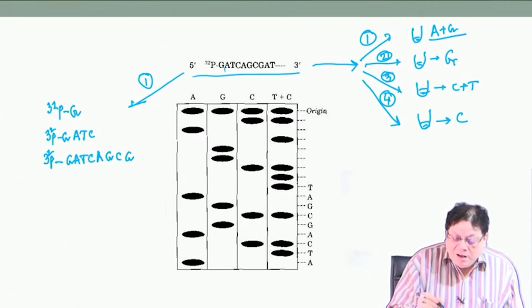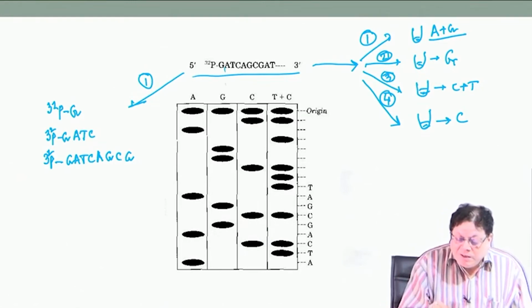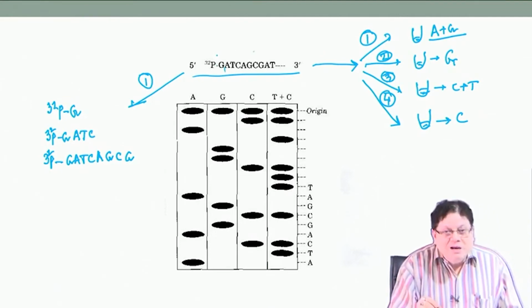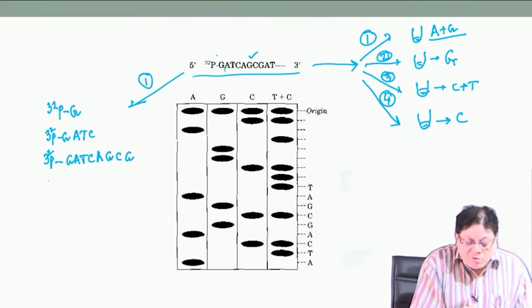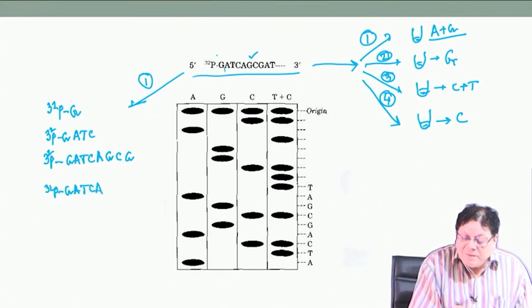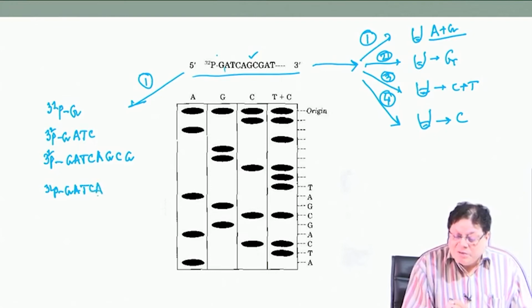Now we have to see what are the cleavage products of G. So if the G is cleaved on both sides, basically there is no nucleotide here, so you can neglect the first one. The second one is this G. So you will get what? 32P G A T C A, that's all.